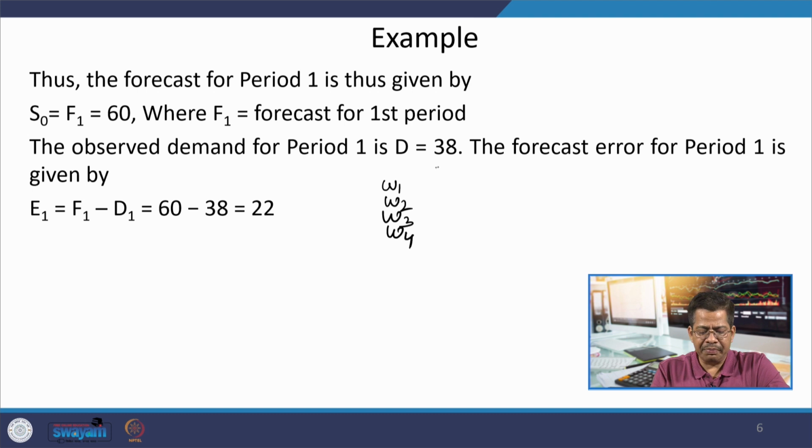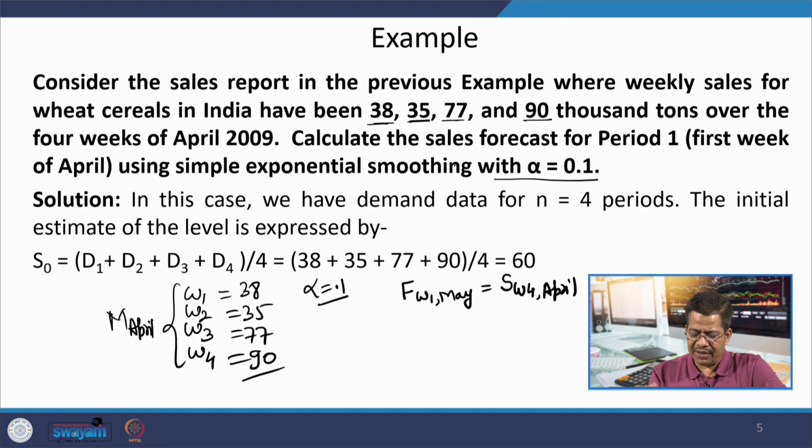Now, for the first period, the forecast given to me is 60, and that 60 is calculated by the process of initialization, which is simply the average value of the 4 demands. The average value of the 4 demands is calculated on the screen, and that comes to 60.